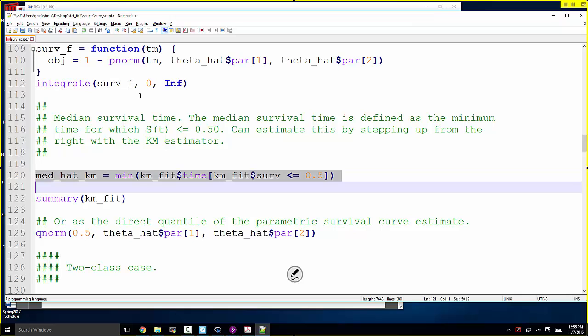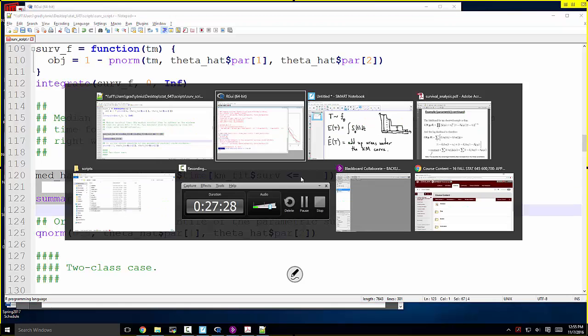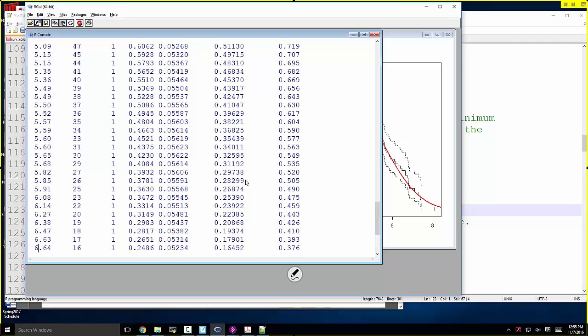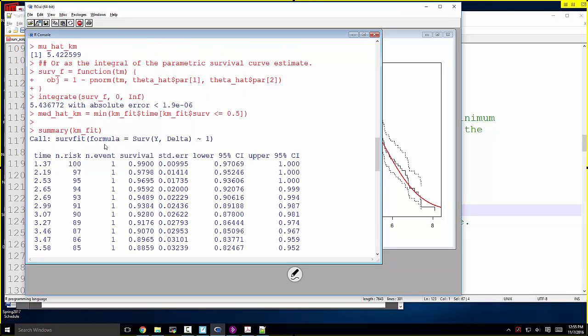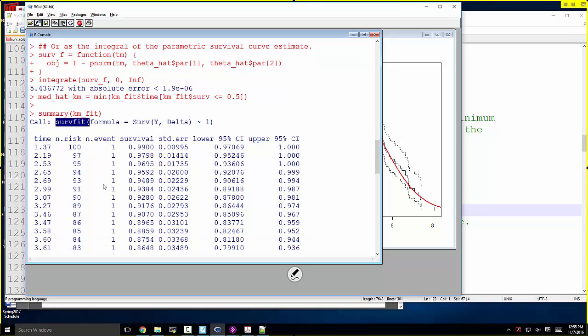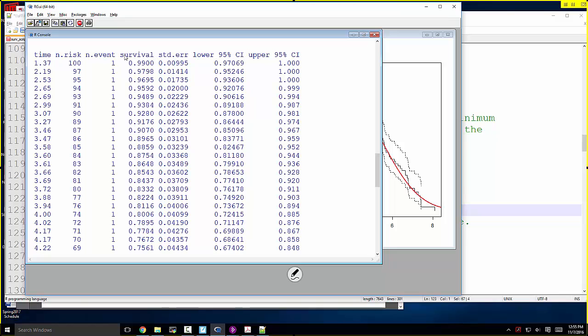Here's one way to do it. This just puts into action the definition from above. Go find the minimum time such that the fitted survival probability is less than or equal to 0.5. The same findings can come straight out of the surv_fit report. If you print summary of a surv_fit object, part of the output is survival probabilities next to every unique event time.